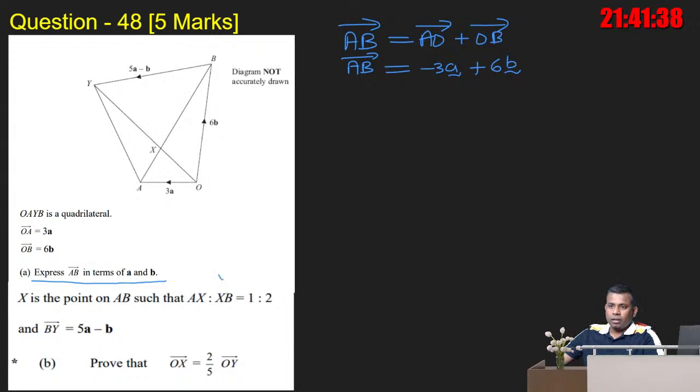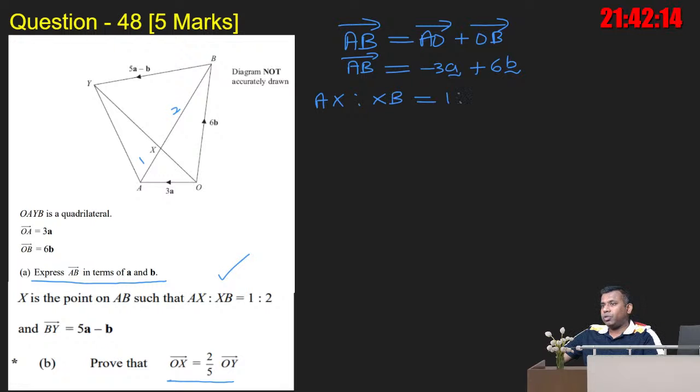So that is done. Now X is the point on AB such that AX is 1 portion, XB 2 portion. Prove that OX is 2/5 of the OY. So basically they are asking what is the ratio between OX to OY. I want to find out the ratio AX is to XB.